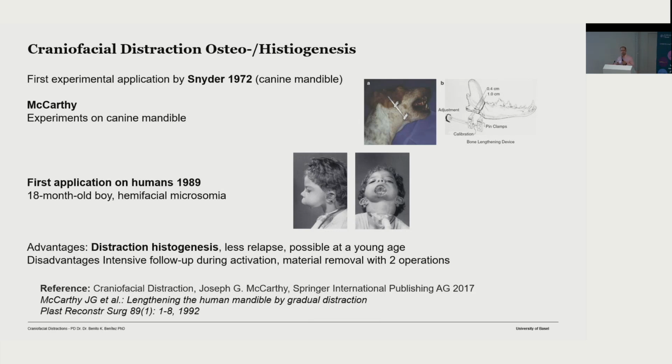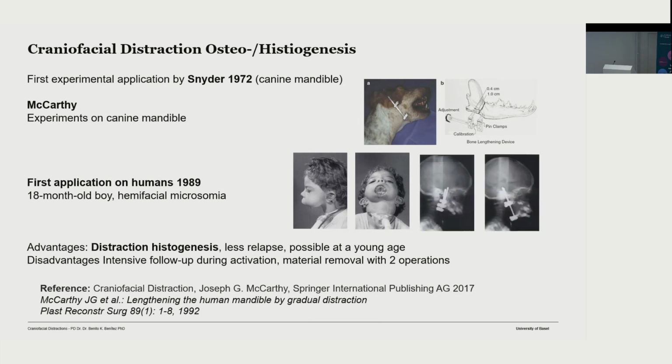McCarthy had a patient with hemifacial microsomia, airway issues, and feeding problems, and he did the first craniofacial distraction on this mandible in this patient. He also termed it not only osteogenesis, so we not only create bone, but we also do histiogenesis. We can promote growth of other tissues also.